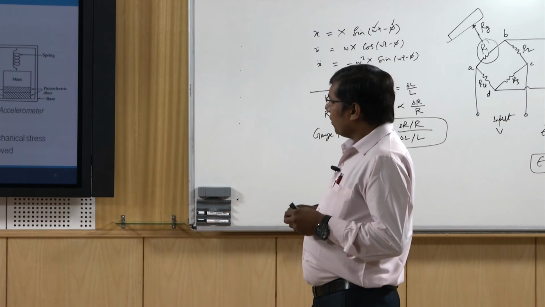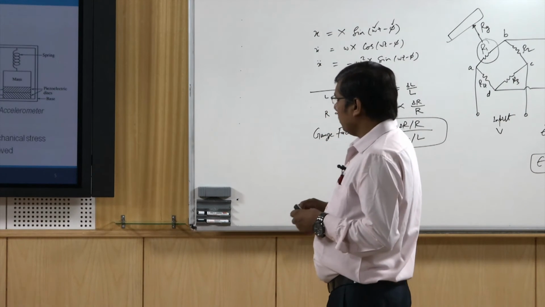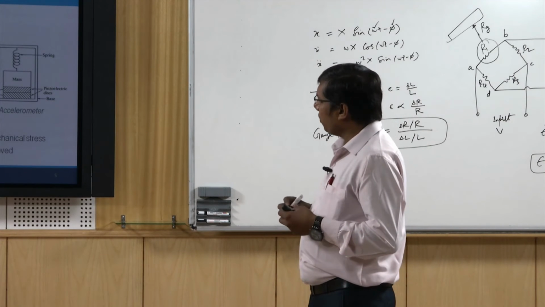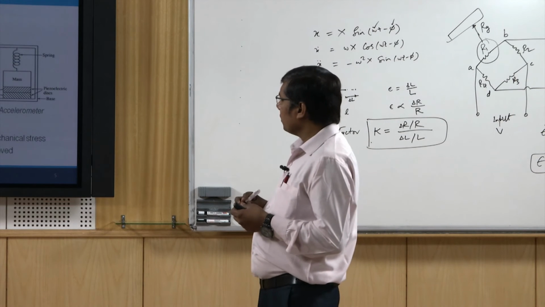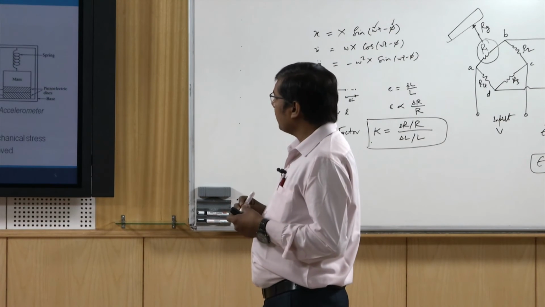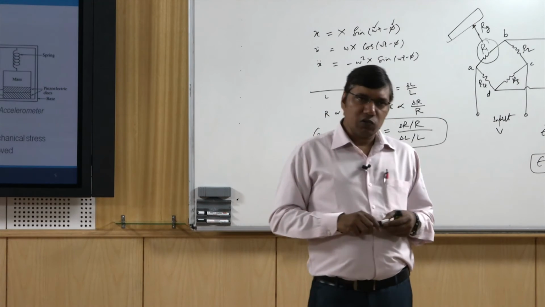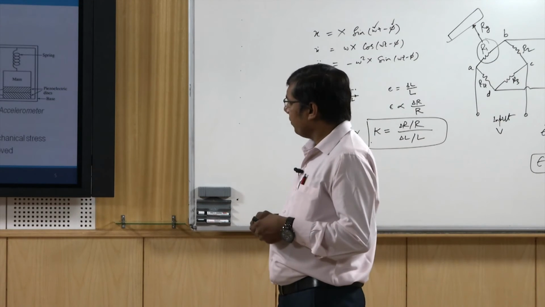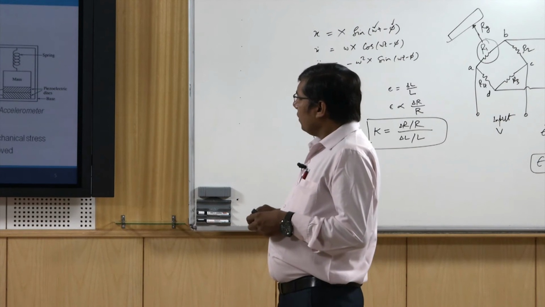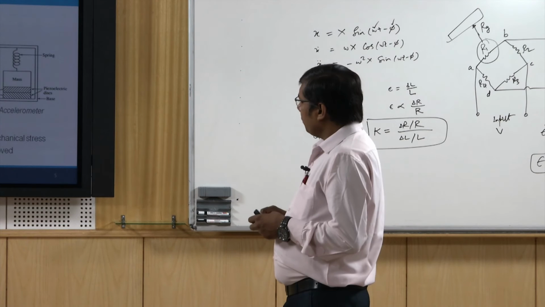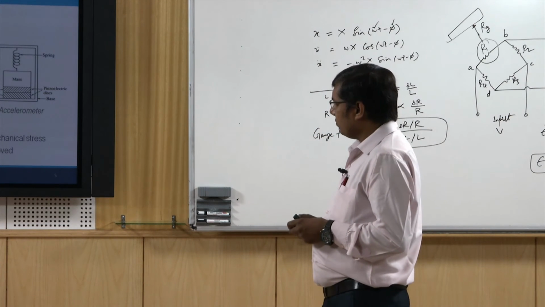So here Q is the charge on the surface, that is equal to K into F. K is some constant of the piezoelectric material and F is the force, and force is area into pressure. So we can write Q equals K A P X, and E is equal to V T P X, this formula, the voltage sensitivity.